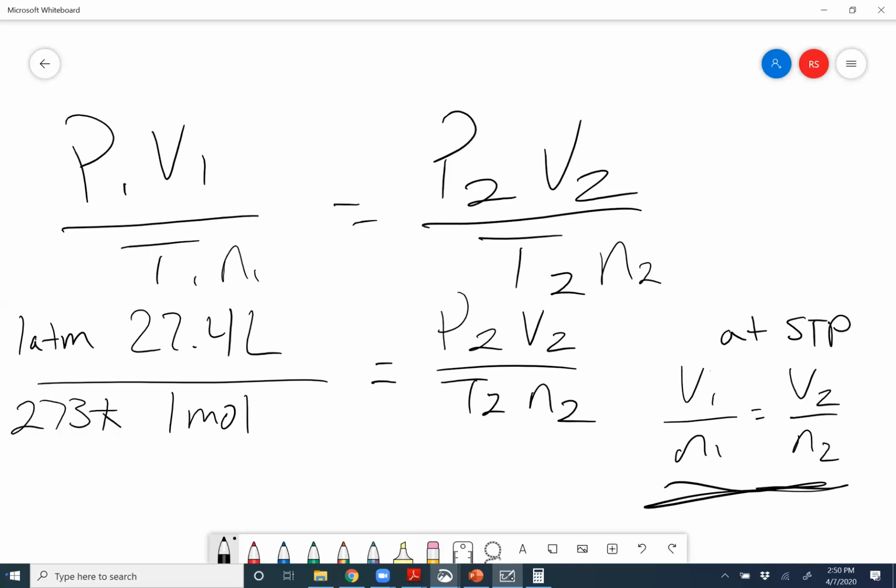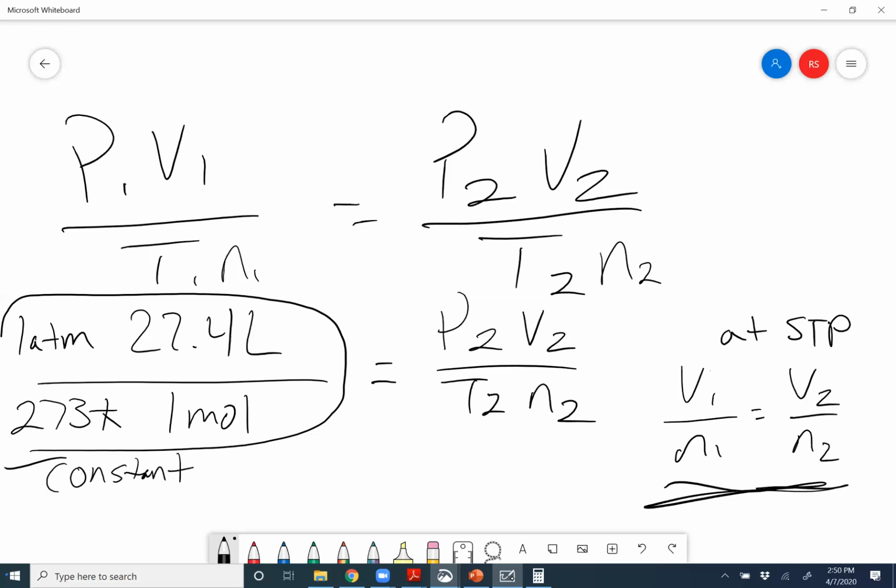So now, with the new combined gas law, these numbers are always going to be the same for any gas. And so because these things are never going to change, we call those a constant. So they gave this the name, the ideal gas constant.